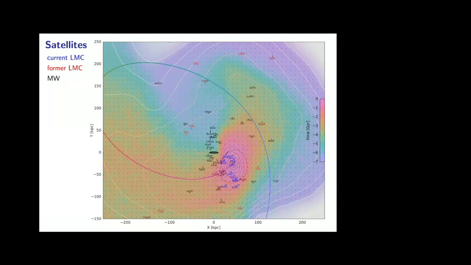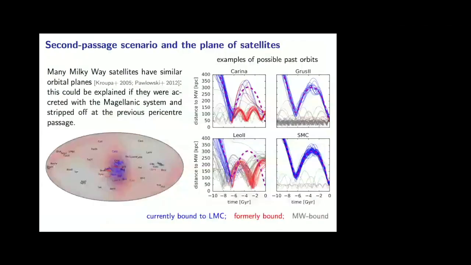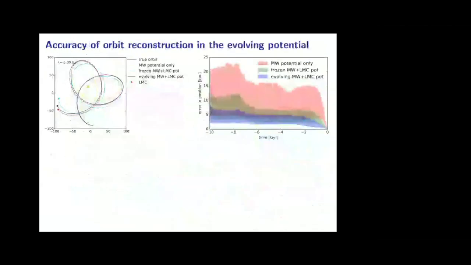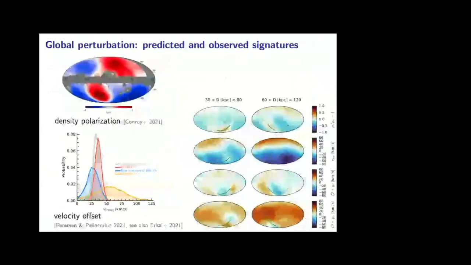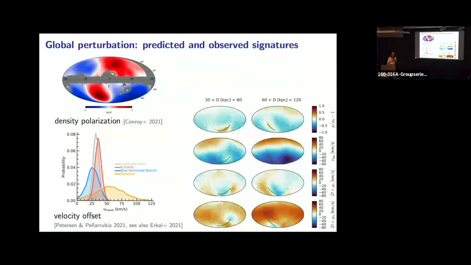So in your overdensity prediction plots at different distances, can you comment on the predicted overdensity on the Magellanic Stream orbit, or positions? Overdensities of the Milky Way scale or overdensities from the LMC stars?